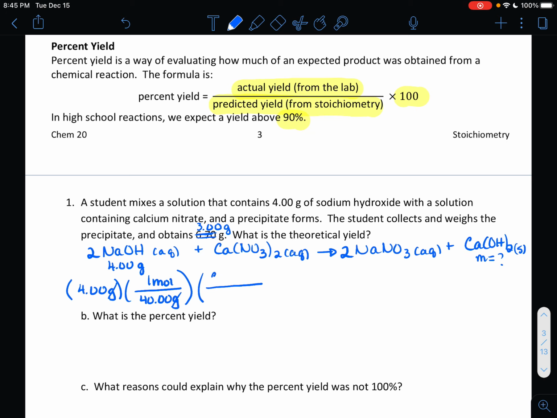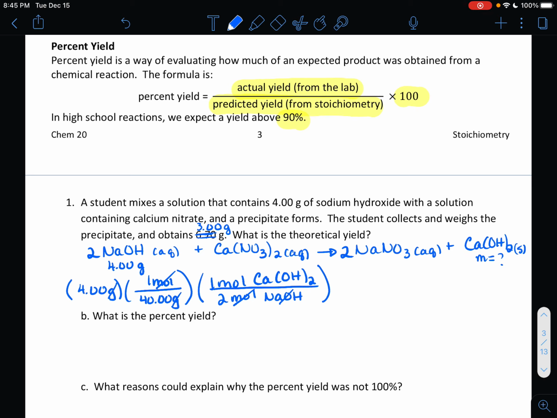So that is Ca(OH)2 goes up, oops, I forgot to write the moles. Okay, so this is going to be 1 mole of Ca(OH)2 over 2 moles of NaOH. And so my moles of NaOH are gone, and I'm left with moles of Ca(OH)2.